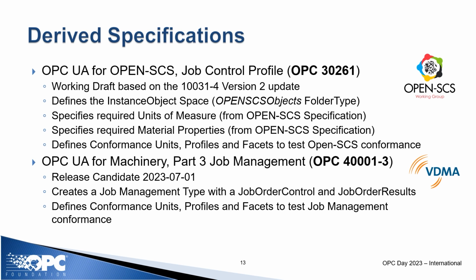We also specify material properties, and again, the material properties here are very unique to what OPEN-SCS was looking at, which was essentially life science and consumer products serialization and serial numbers.